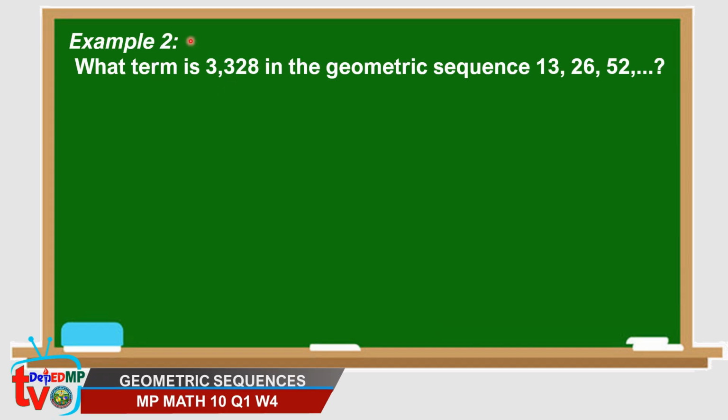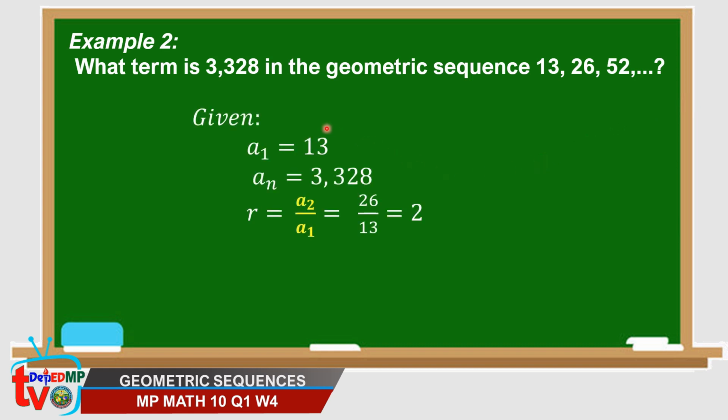Example 2 is focused on finding n, or finding the order or placement of a given term in a geometric sequence. Let's try this. What term is 3328 in the geometric sequence 13, 26, 52, and so on?